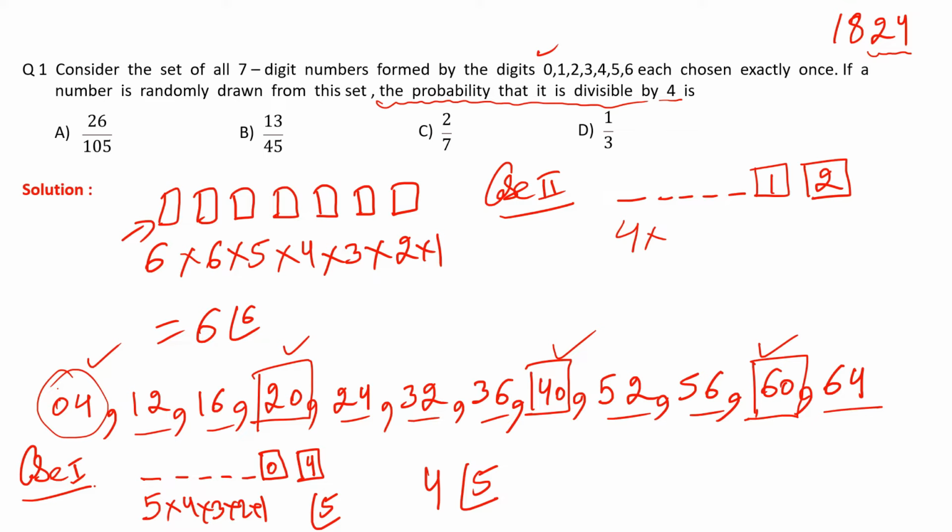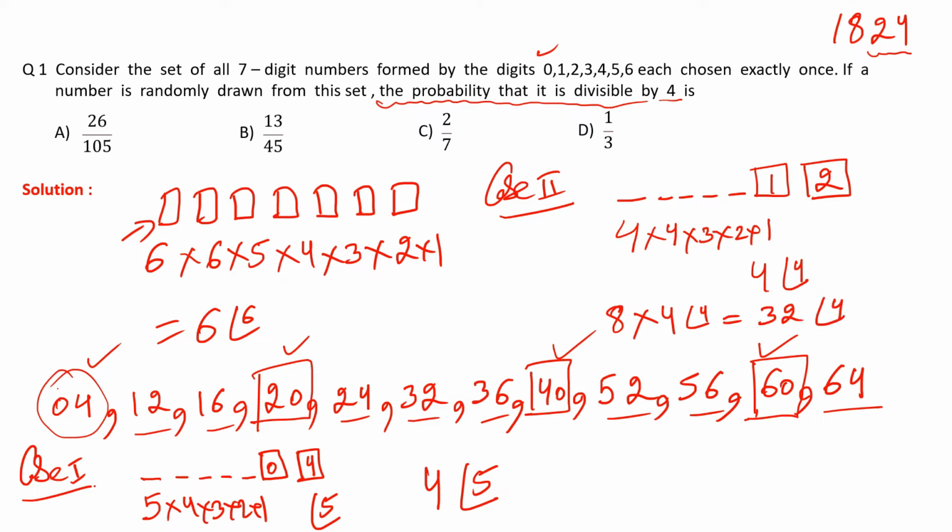But I cannot fill it by that number which I have already used. So that means again 4, then 3, then 2, and then 1. So this is how much? It is 4 into factorial 4, right? But since there are 8 such groups, so that means the total number of numbers will be 8 into 4 into factorial 4, or I can say it is 32 into factorial 4.